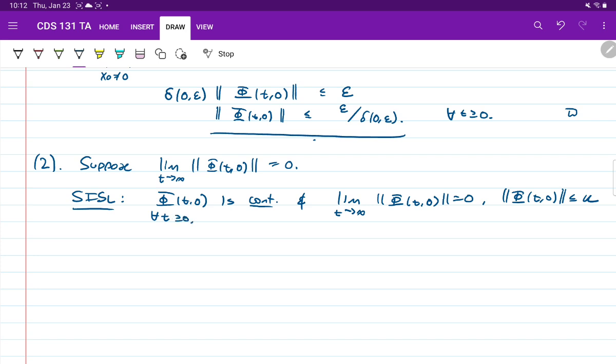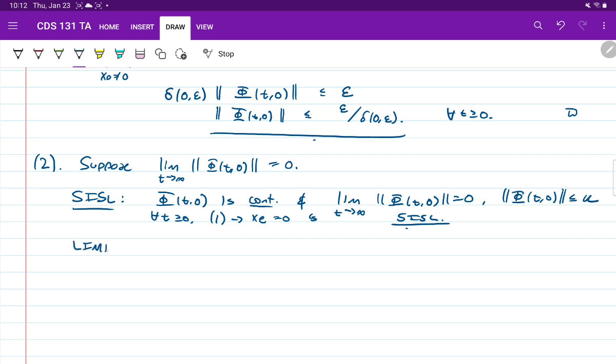So there exists some constant k that upper bounds this, because it's continuous and because it limits to 0. By part 1, we get that x equals 0 is stable in the sense of Lyapunov. Great, so that's stability in the sense of Lyapunov.